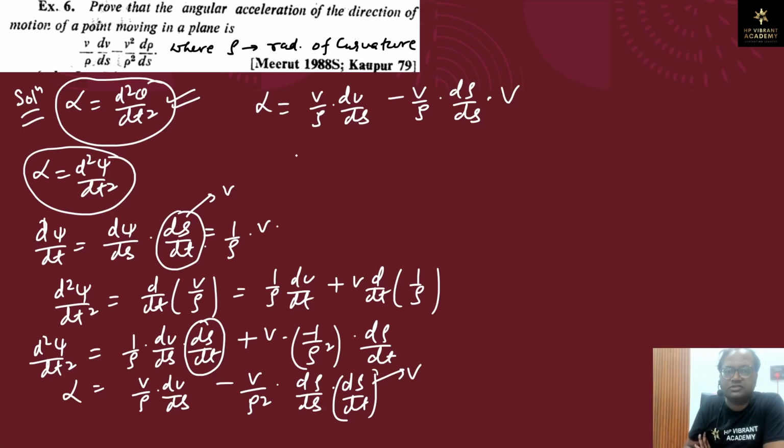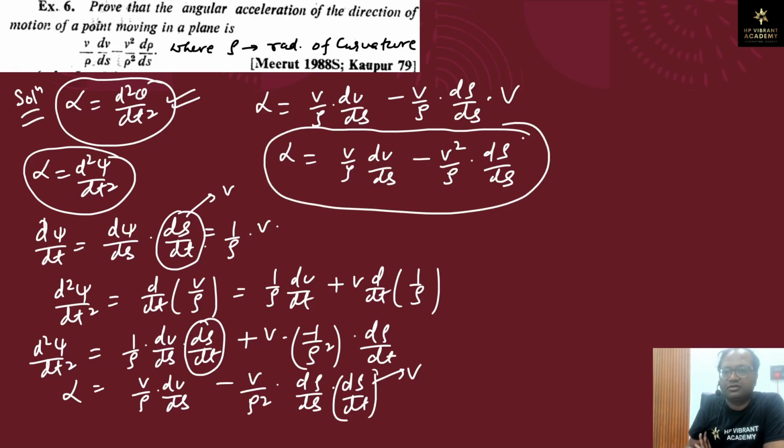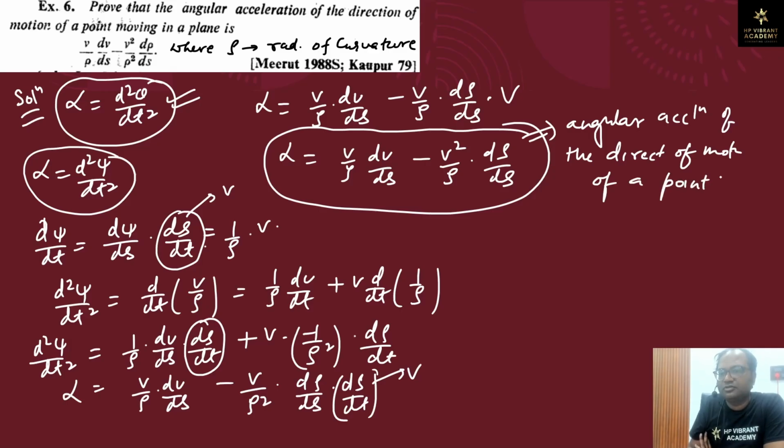Combining this, alpha is equal to v upon rho dv upon ds minus v square upon rho square into d rho upon ds. So this is the angular acceleration of the direction of motion of a point moving in a plane.